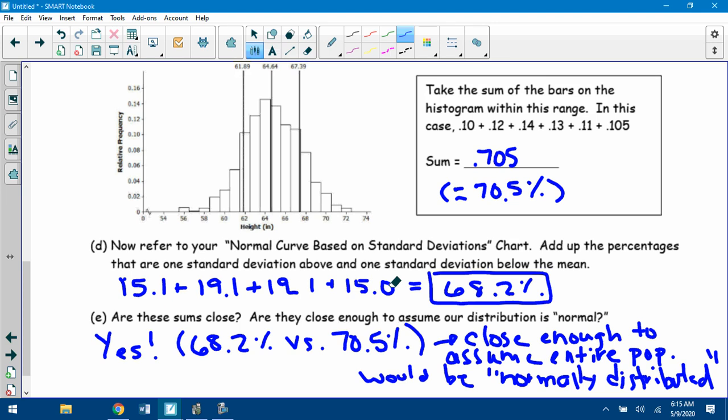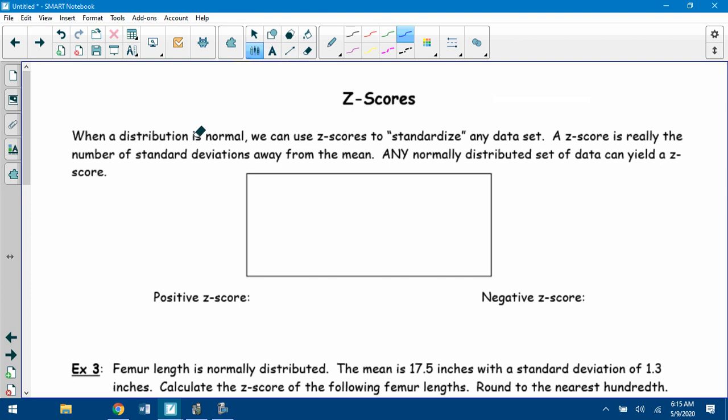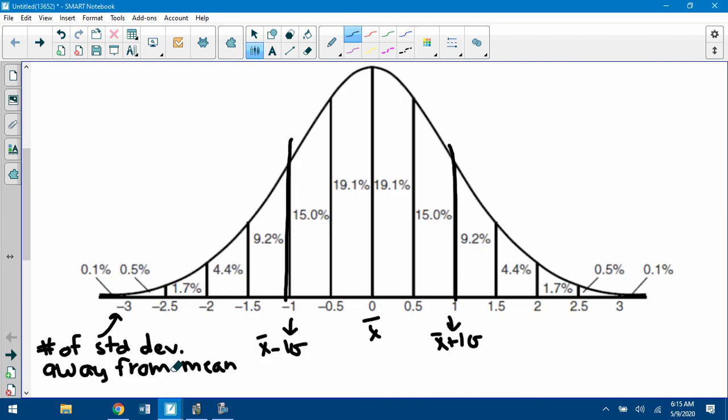The other thing I need to talk about today is z-scores. When a distribution is normal, we can use z-scores to standardize it to any set of data. A z-score is really the number of standard deviations away from the mean. Any normally distributed data will yield a z-score, so you can match it up to this chart by using these z-score things.